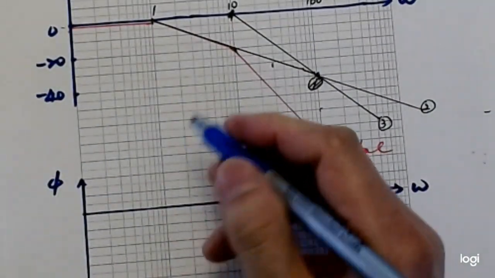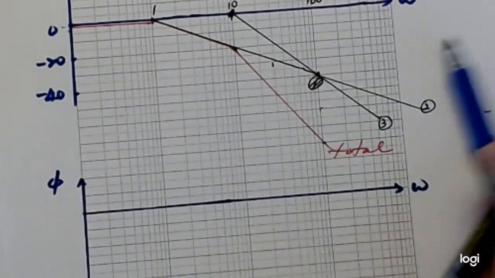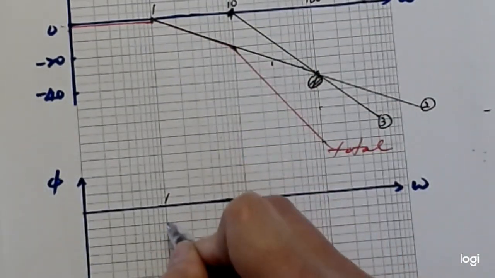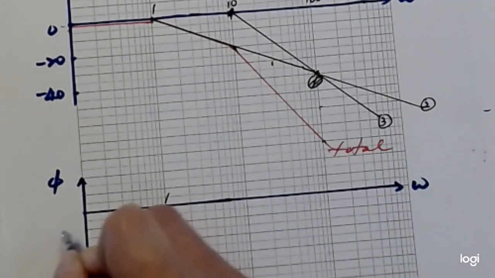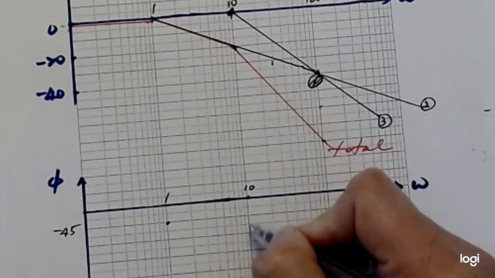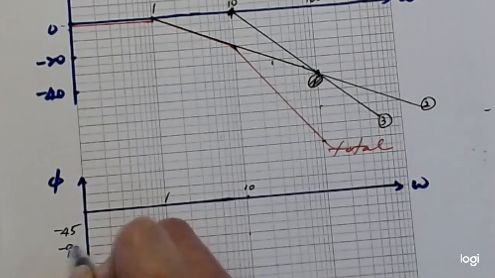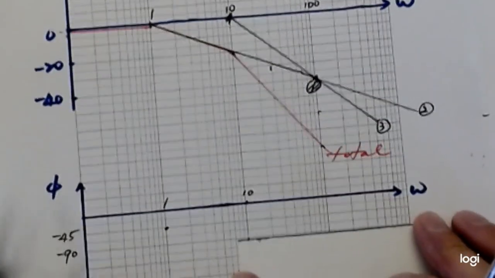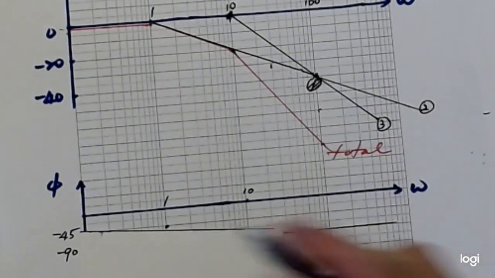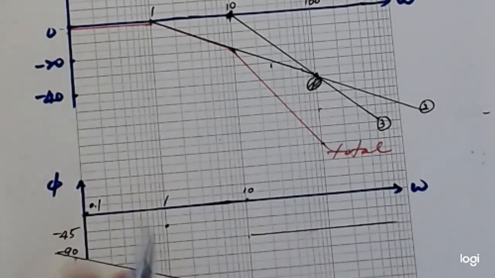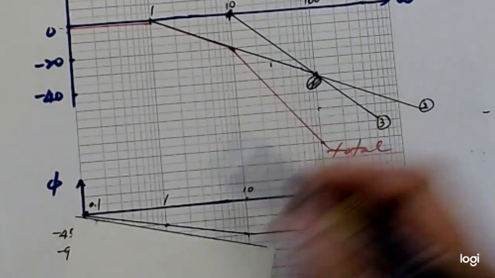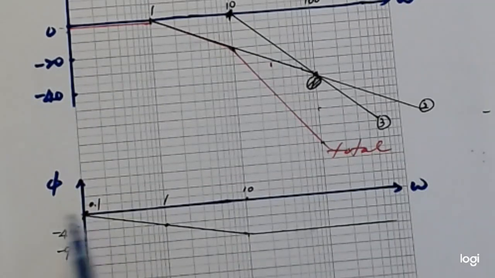So for the first one, you have minus 45 at cutoff frequency 1. 10 times more, 10, that's minus 90, and then flat. 10 times less, that's 0.1, that's 0. So shape something like this. Slope, flat. This one should be 0 right here.